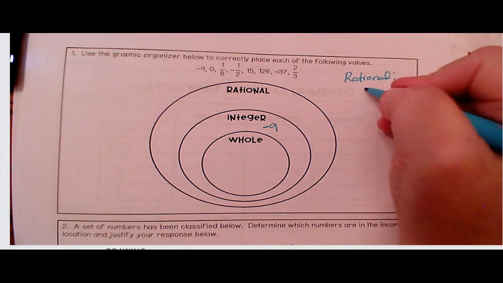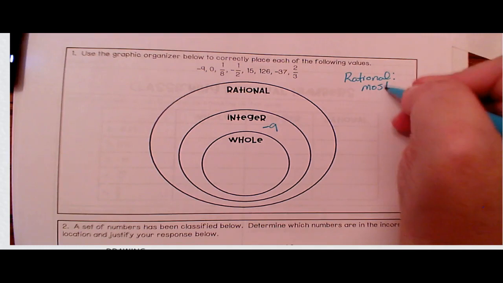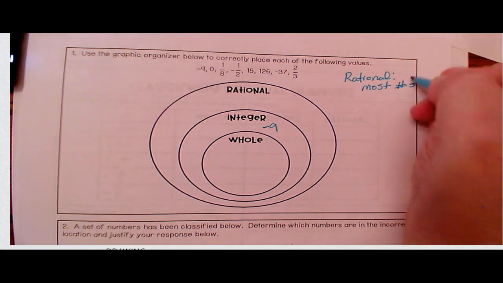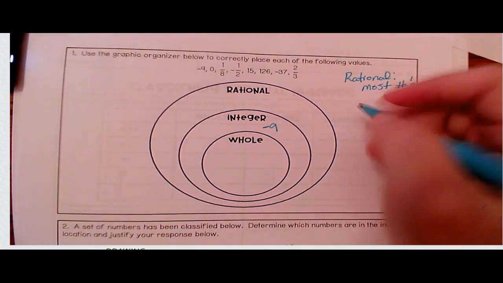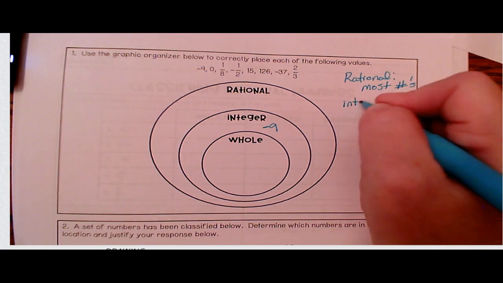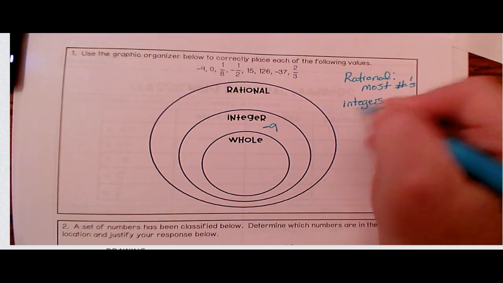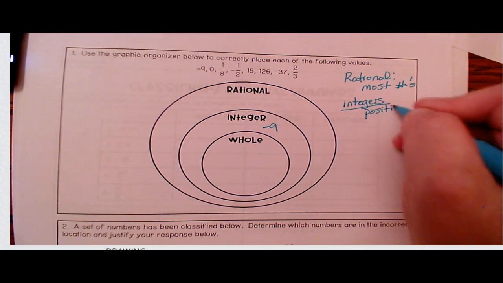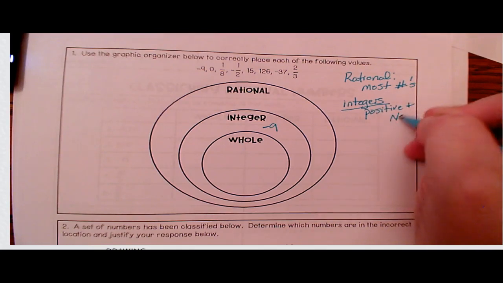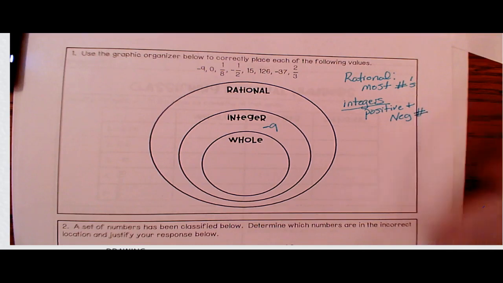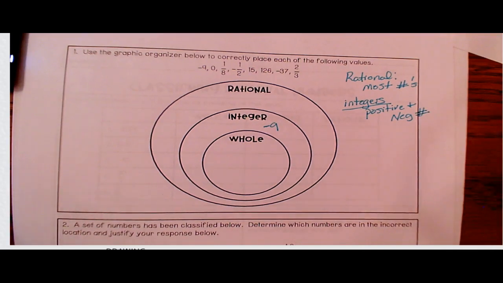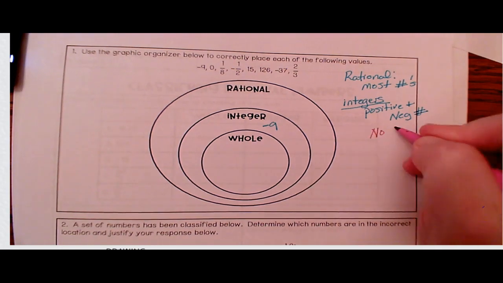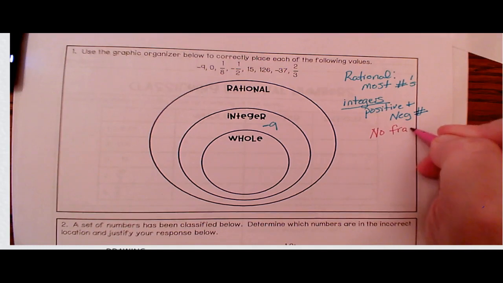Rational numbers are most of your numbers. Integers are positive and negative numbers. No fractions.